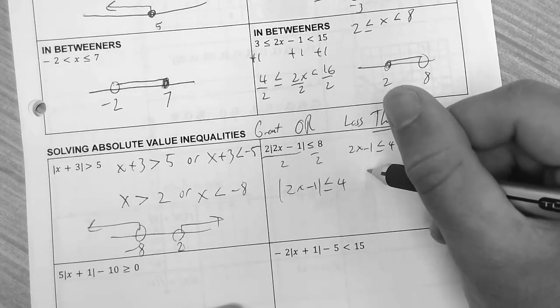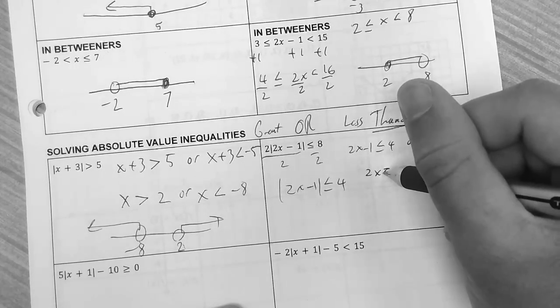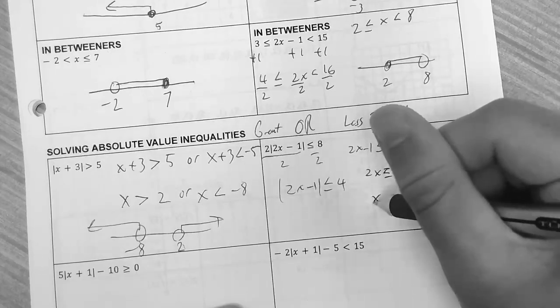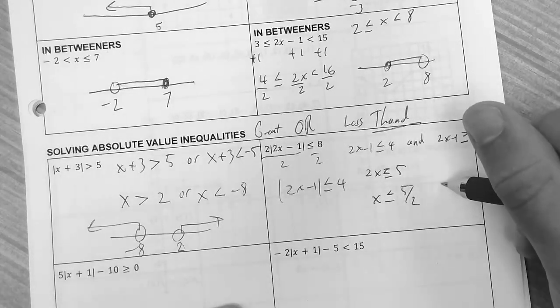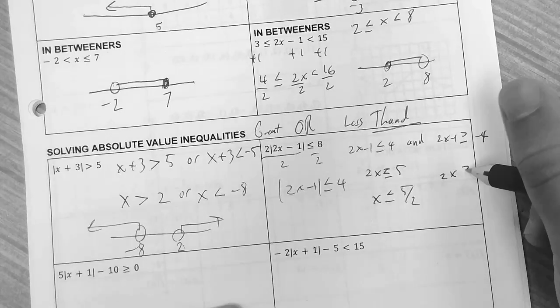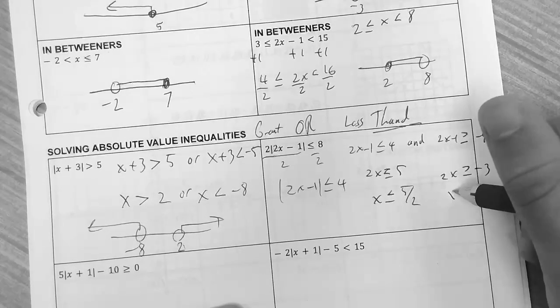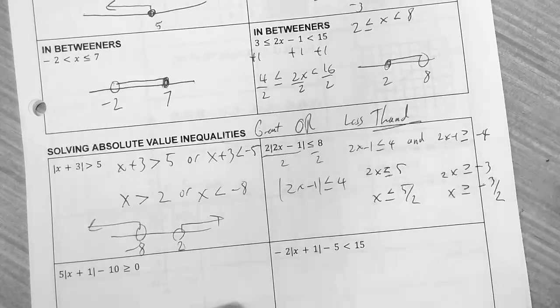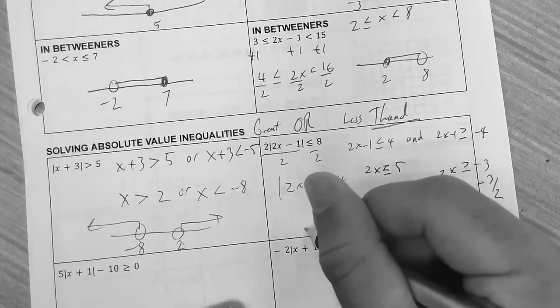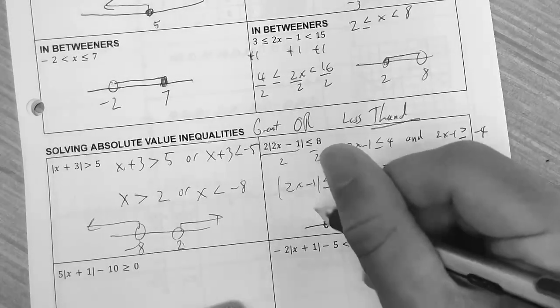So we get 2x less than or equal to 5, x less than or equal to 5 over 2, and 2x greater than or equal to negative 3, x greater than or equal to negative 3 over 2. So connect the dots.